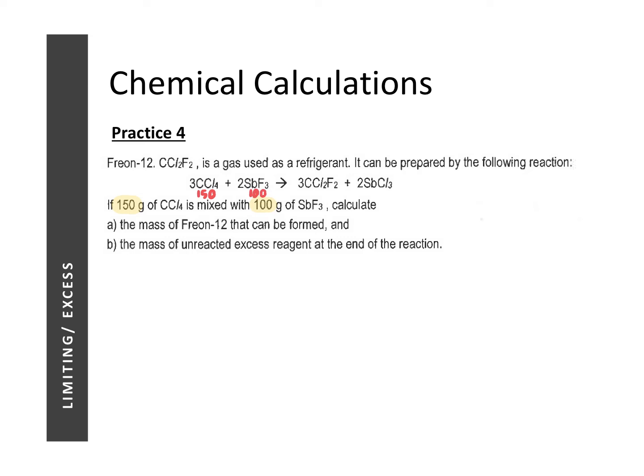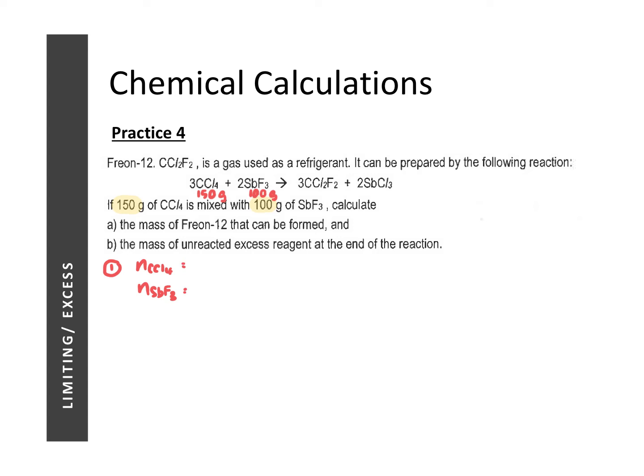Once again, if you are given the amount of both reactants in the question, it's a limiting excess type question. Step number 1 of a limiting excess type question is to find the number of moles of both reactants. So we need to find the number of moles of CCl4 and the number of moles of SbF3.